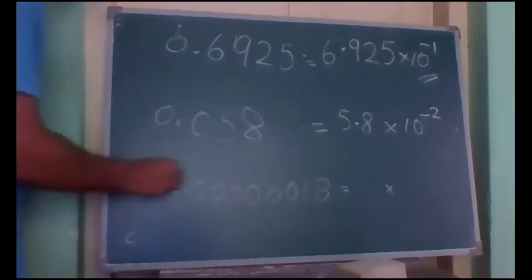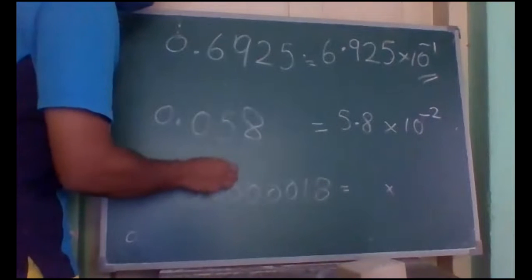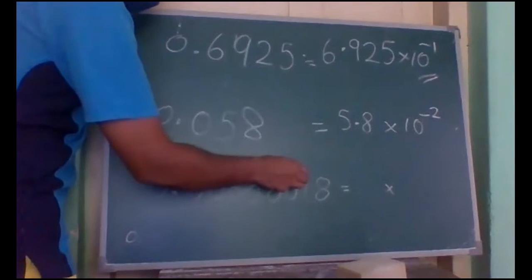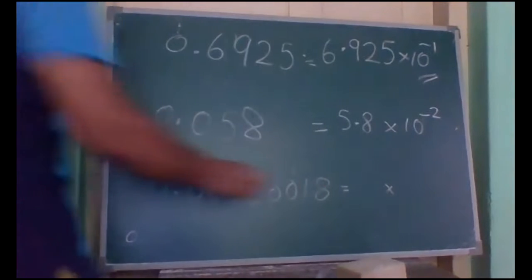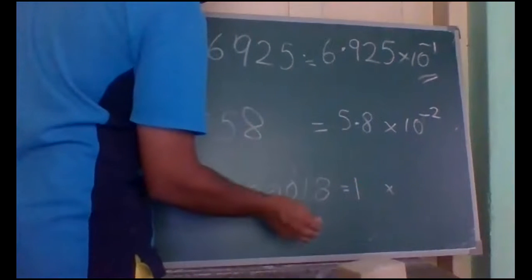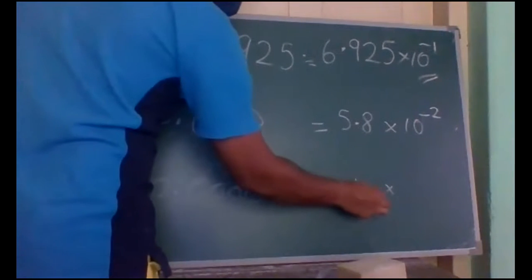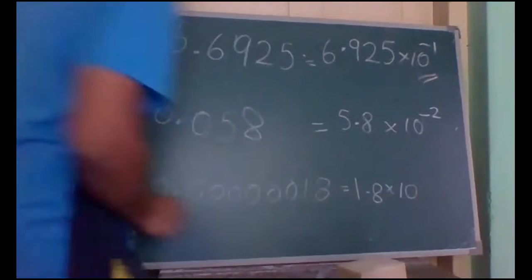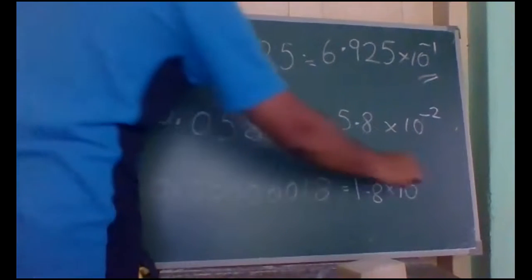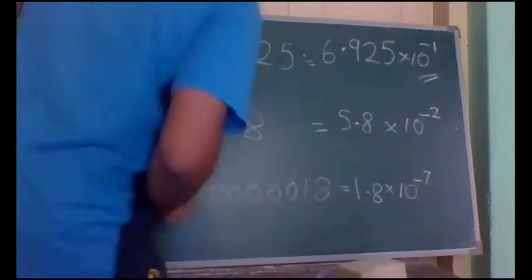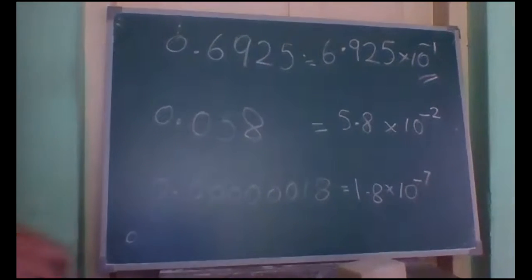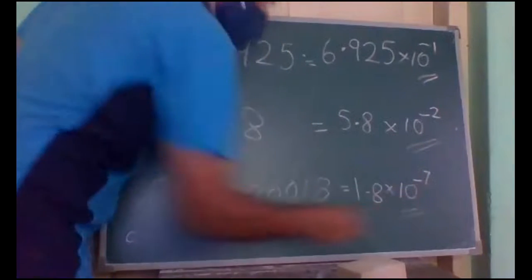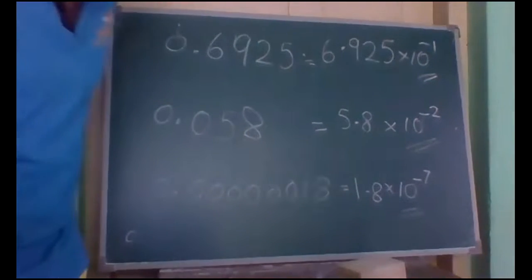So what to do? Yes, 1, 2, 3, 4, 5, 6, 7. Then 18 becomes 1.8. 1.8 into 10 to the power minus 7. Understand? Is that okay? Yes, sir. Sure. Right.